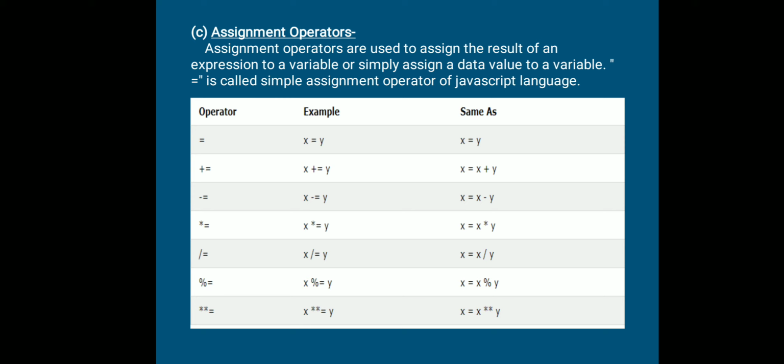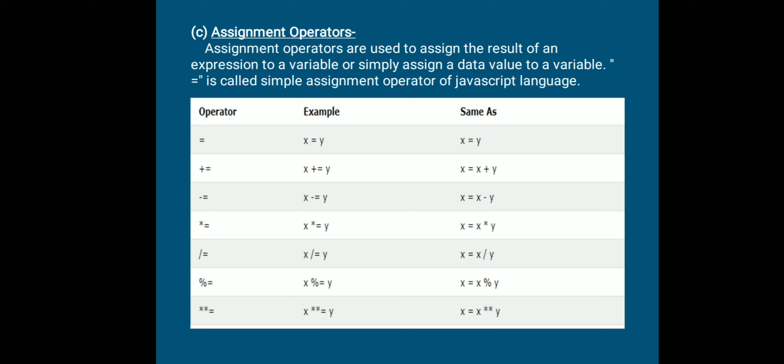So if you have seen x plus equal to y, that means the original expression is x equal to x plus y, where you have x on both sides of the equal to operator. So that is written as x plus equal to y.